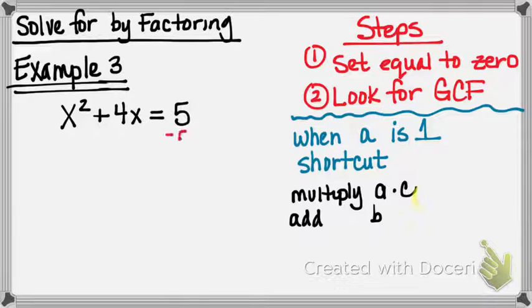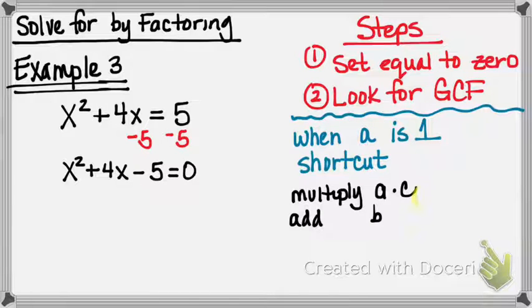So we subtract the 5. When I subtract the 5, I don't have a like term to subtract it from. So we get x squared plus 4x minus 5 equals 0.